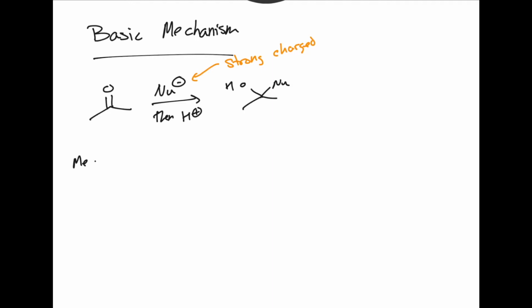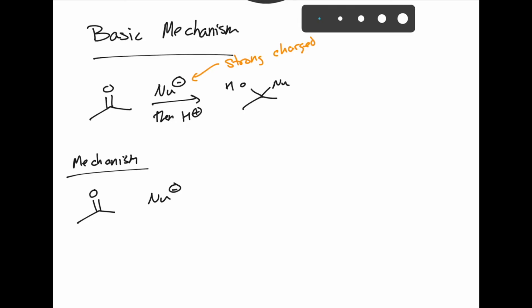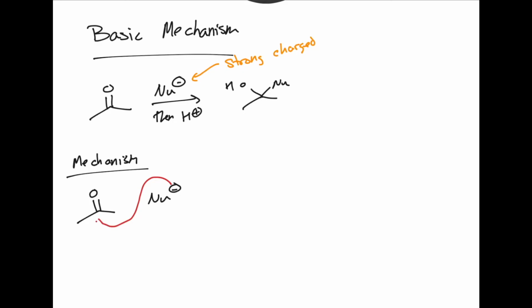So under basic conditions, since my nucleophile is charged and strong, it's able to add to the carbonyl carbon without any help. So this nucleophile is charged. It can add to the carbonyl carbon, push electrons up.